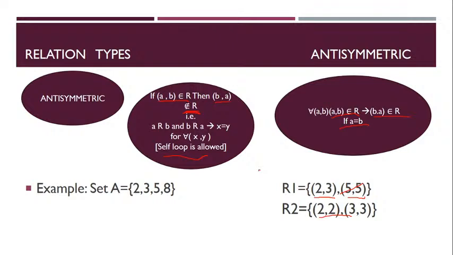So in case of asymmetric, what is the important property? No bidirectional edge, and not even self loops are allowed. That means a bidirectional edge is not allowed. Okay, it is going with antisymmetric, as well as it is saying no self loops are allowed. So what comes extra in case of asymmetric over antisymmetric? That is the self loop.